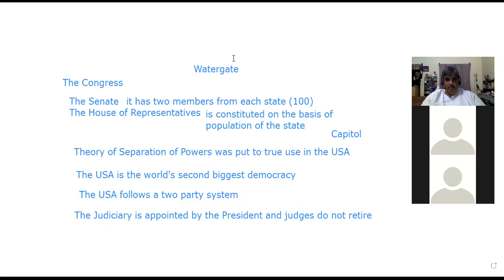Now, the logic apparently is that you have to represent the views of your constituents or your voters once you go into the electoral college.